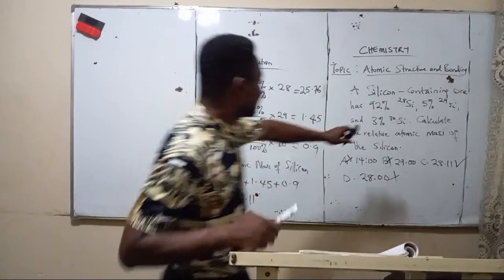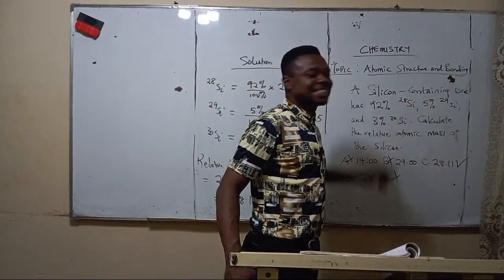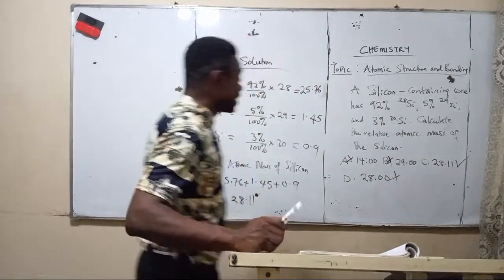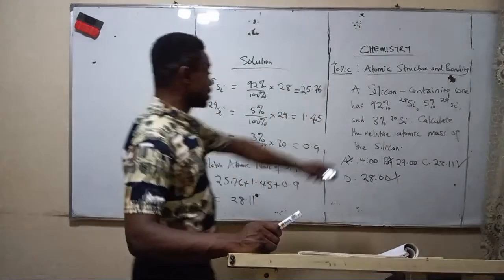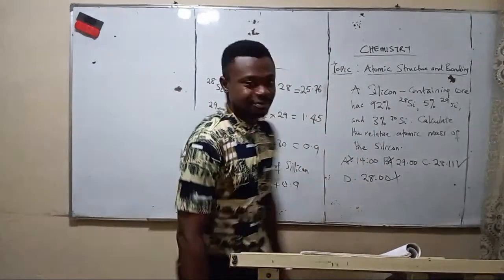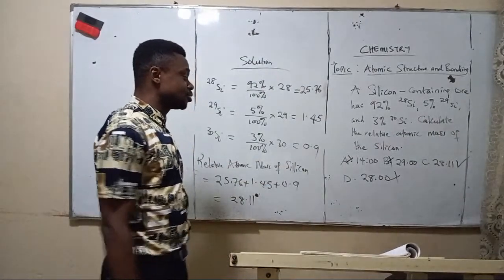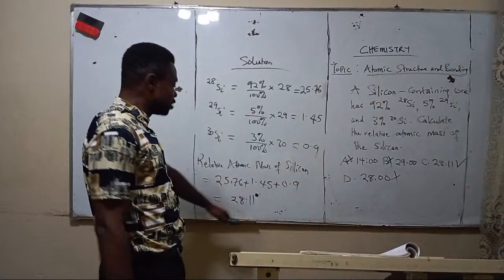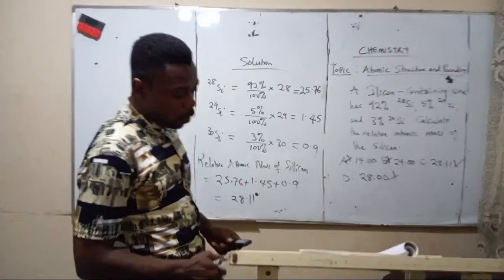I just calculated this plus this plus this and found the average. It gave me 29.00. It's in the option. So be careful. Be extremely careful about this type of question. Just follow these steps and you get the correct answer. And the answer is 28.11.